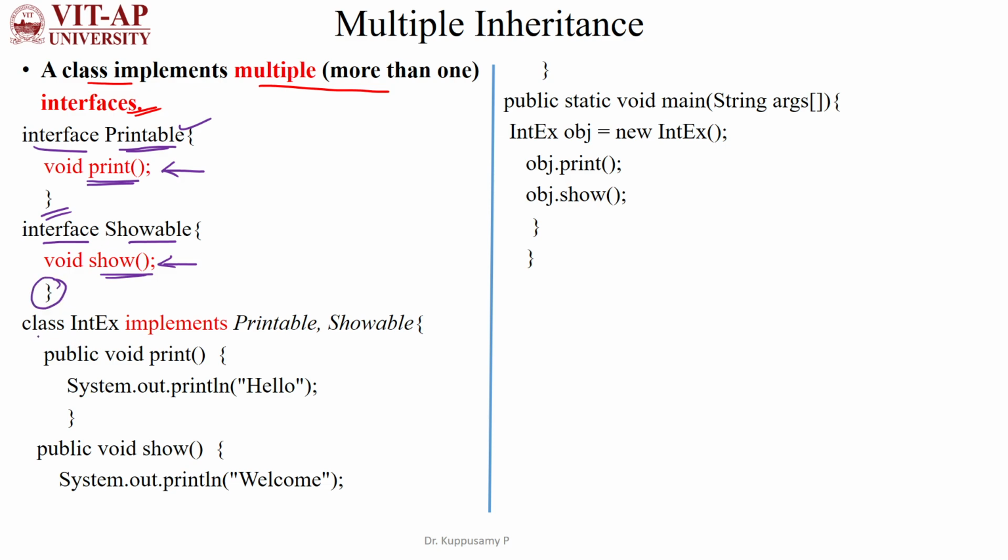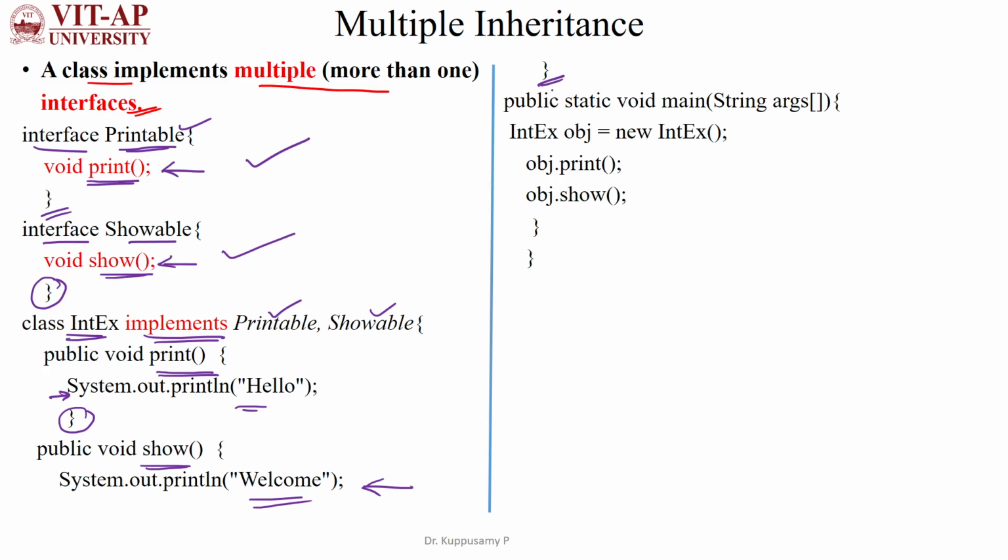Then we define the class Intex, which implements two interfaces, Printable and Showable. So multiple interfaces are implemented here. The print method belonging to the Printable interface is defined with a single statement, hello, and that method is completed here. Then the show method belonging to the Showable interface also has a single statement, just displaying welcome.